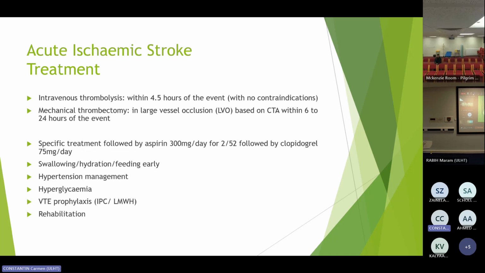So knowing that the CT head scan excluded hemorrhage, so it's hemorrhage free, and the CT angiogram of the aortic arch, carotid and head is picking up a large vessel occlusion. Yes, the CT angiogram is useful in these situations, even in wake-up strokes. So in up to 24 hours from the event, generally, it could be even beyond the 24 hours.